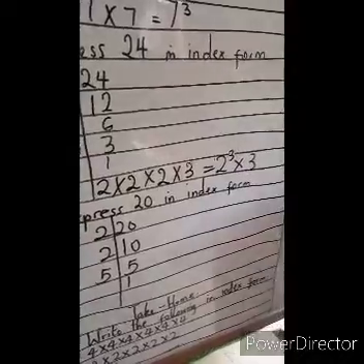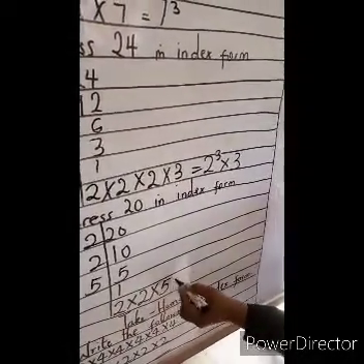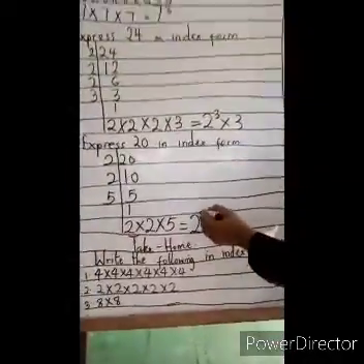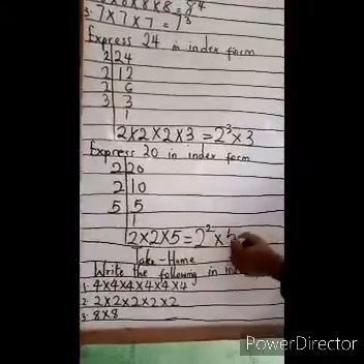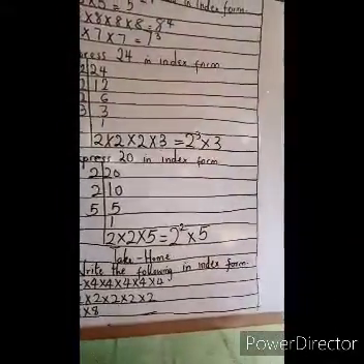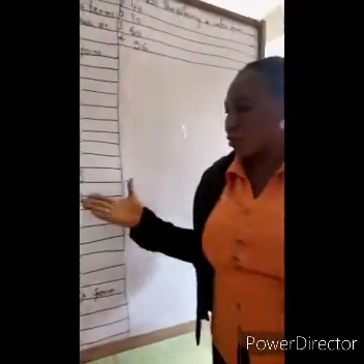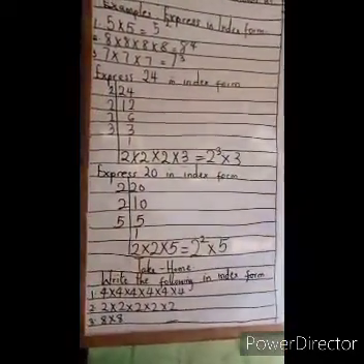So now to express it in index form, we have 2 times 2 times 5. How many 2s? We have 1, 2. So 2 raised to the power of 2 times 5. So, viewers, with this you can express 20 in index form, or any number in index form.